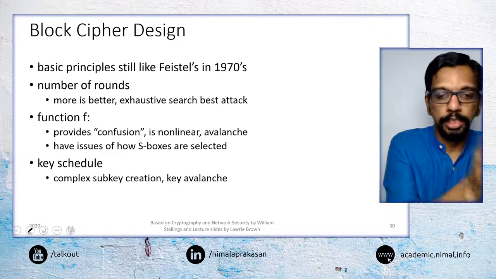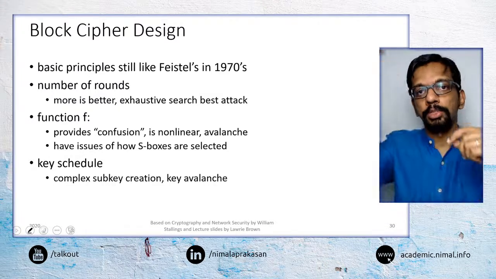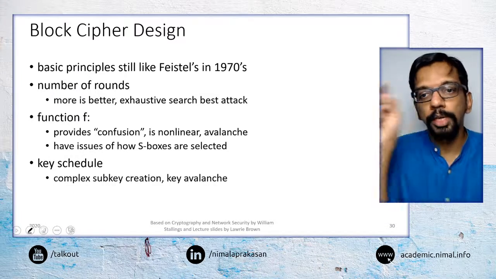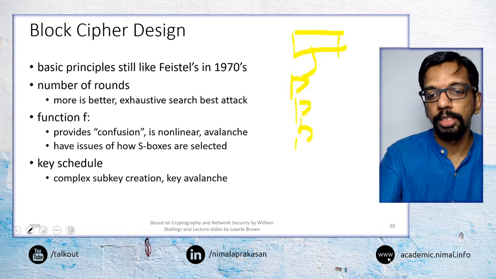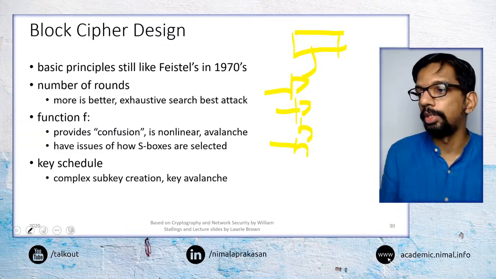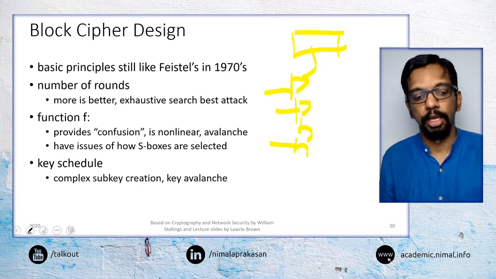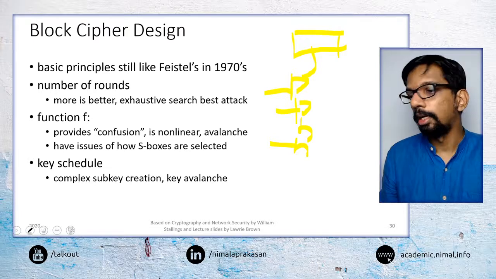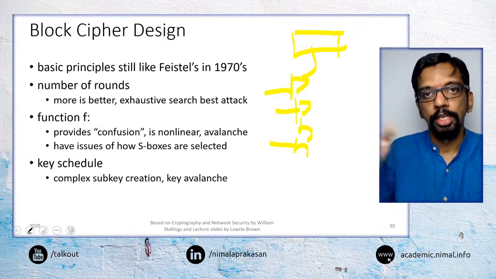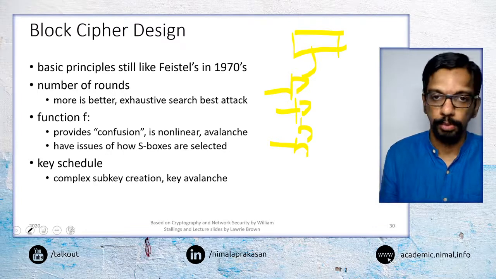And then we use key schedules to create sub keys. So each of these rounds will use sub keys. Rather than using the same key again and again, we will break that into a number of smaller sub keys that are used in each of these rounds. And again, that gives us the advantage of key avalanche. So a small change in key will result in a significant change there as well.